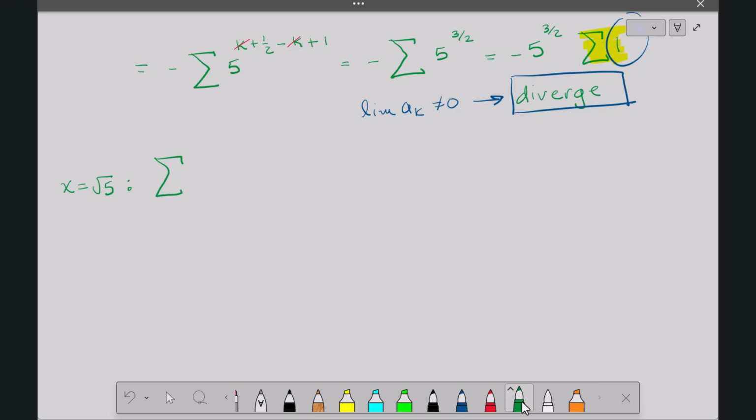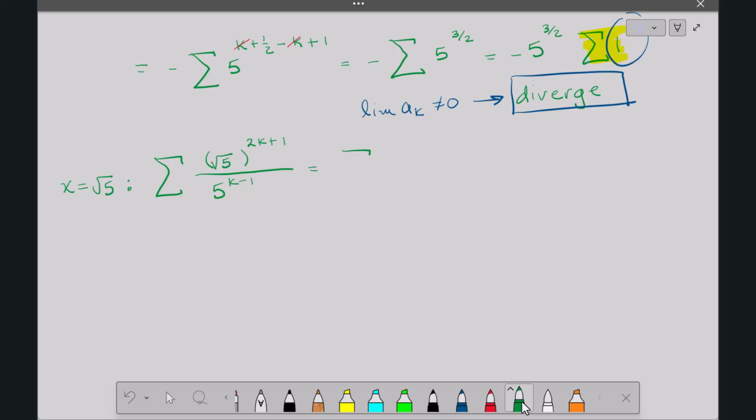And when we plug it into the series, we are going to have the square root of 5. That's all going to be raised to the exponent of 2k plus 1. And the denominator is 5 to the k minus 1. So now let's analyze the convergence or divergence of this.